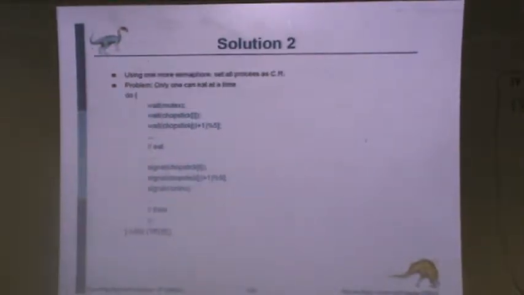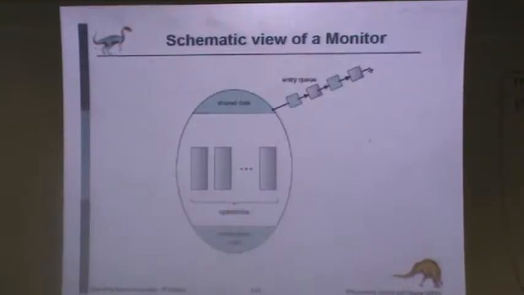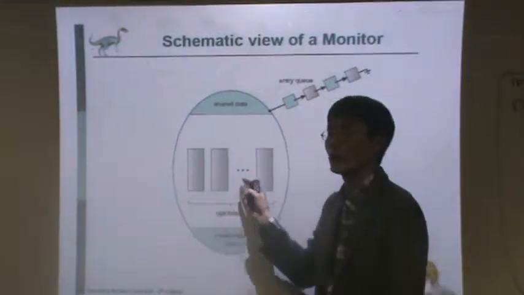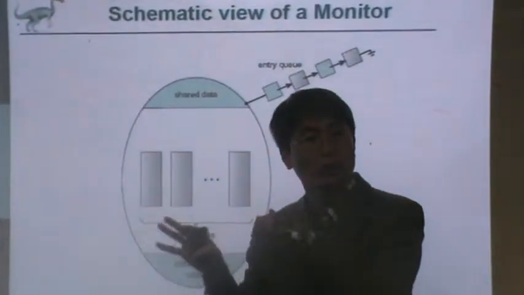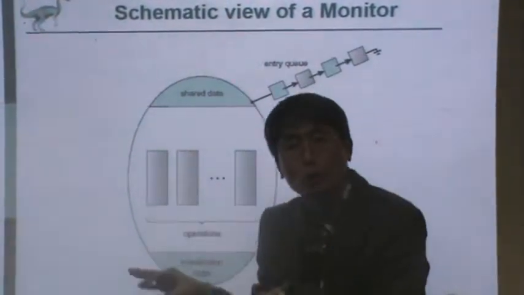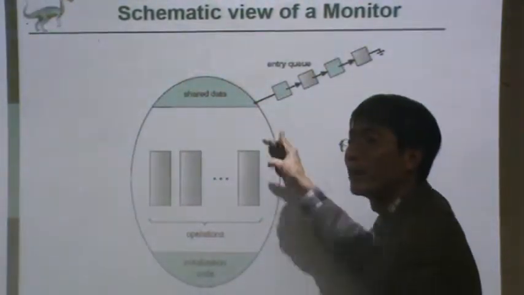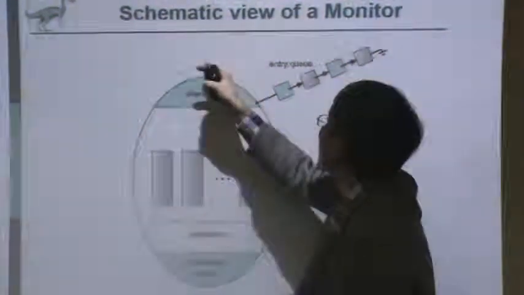So this is a schematic view of the monitor. Inside we have operations. Each operation should be controlled by the semaphore and the logic, but we are going to abstract it and make it kind of a class. That is the monitor.